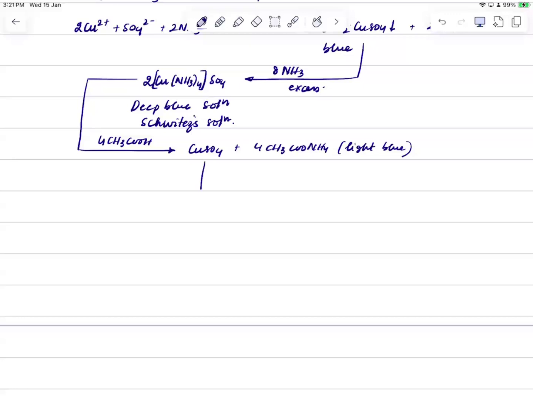From this copper sulfate, the light blue solution, if you pass potassium ferrocyanide, it will give us Cu2[Fe(CN)6], which is a chocolate brown precipitate plus K2SO4.